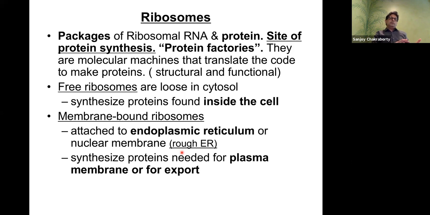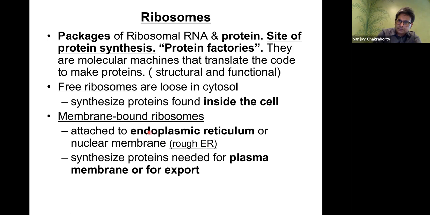But when the ribosomes are sitting on the endoplasmic reticulum, so they're bound to it, that portion of the endoplasmic reticulum we call rough endoplasmic reticulum, because it appears rough since all the ribosomes are sitting on it. So the endoplasmic reticulum, the humongous organelle outside the nucleus, is of two types: rough endoplasmic reticulum and smooth endoplasmic reticulum, based on where the ribosome is attached.